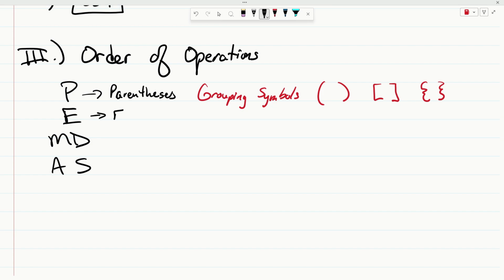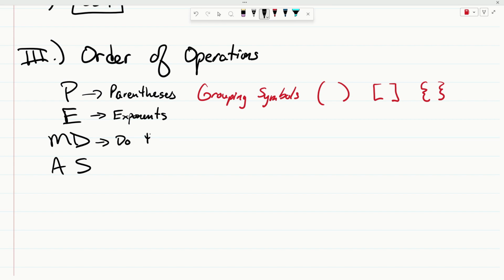Then we deal with exponents. All right? After that, this is where the multiplication division thing comes in. And students, for some reason, sometimes think multiplication comes first. And the answer is no, that's actually false.